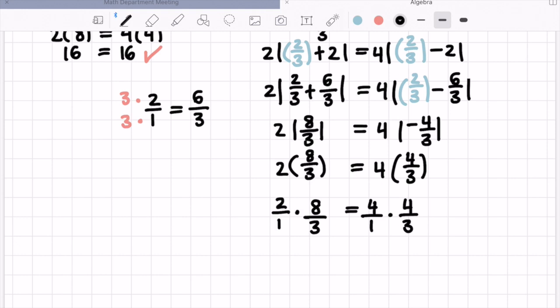So that gives me 2 times 8 is equal to 16. Then I have 1 times 3, that gives me 3. And that equals 4 times 4, that equals 16. And the last one is 1 times 3, and 1 times 3 just gives me positive 3.